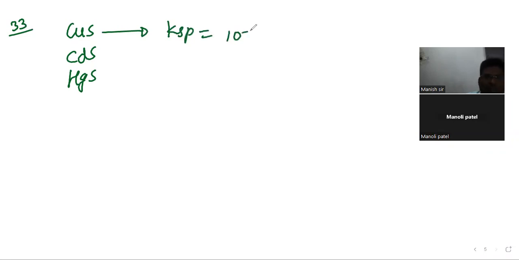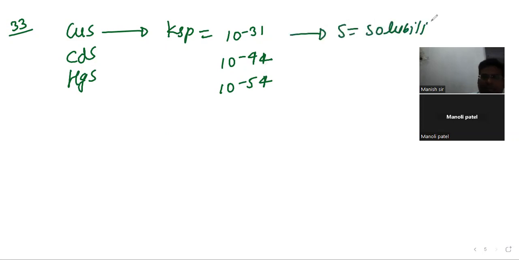It is 10 raised to minus 31, 10 raised to minus 44, and 10 raised to minus 54. So the solubility of these sulfides is in the order. You have to find the S value. It is solubility, so one by one, you have to calculate the S value of each compound.